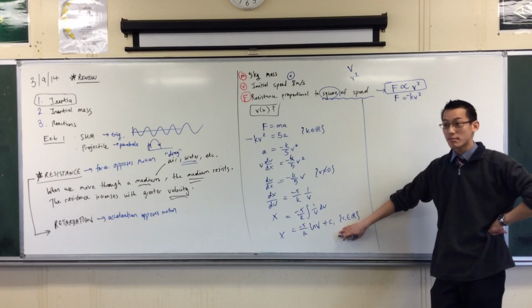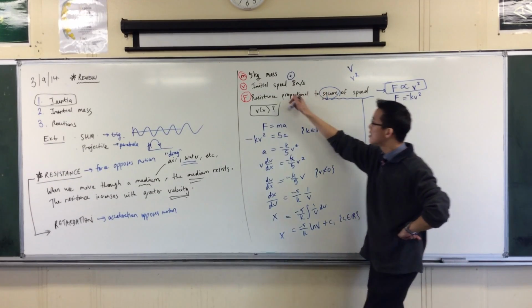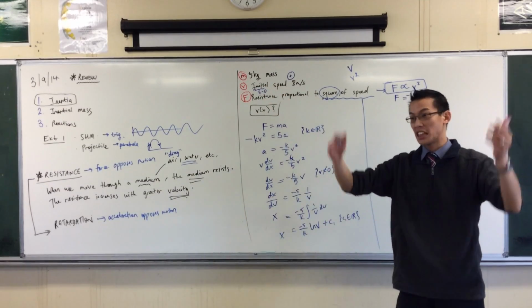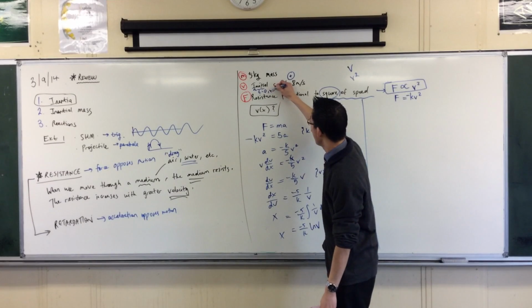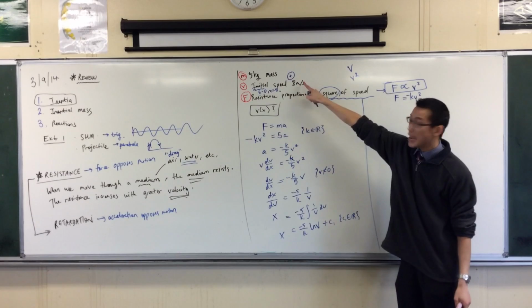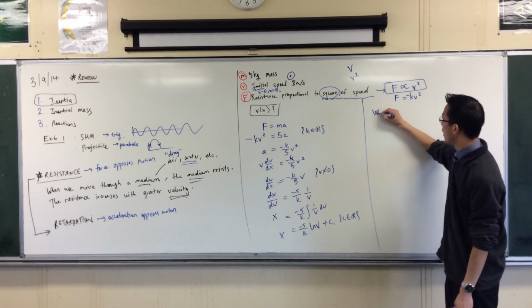I've got to get rid of that constant. I can use this initial condition, because initial doesn't just mean t equals 0. I might as well just say, start at the origin, x equals 0. So now I have some values: I have a v value, 8, and I have an x value that I can put into this.